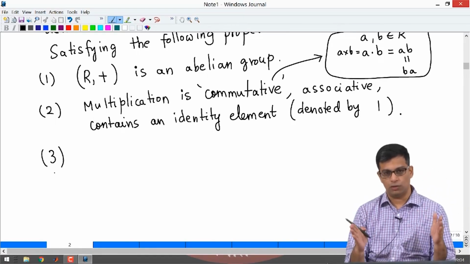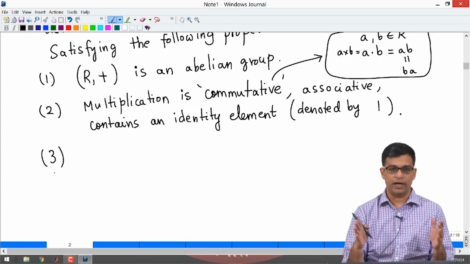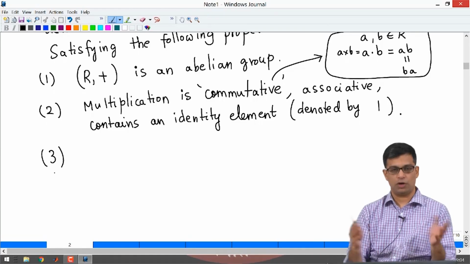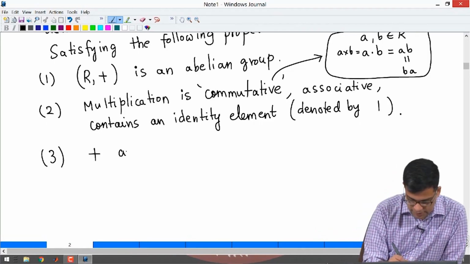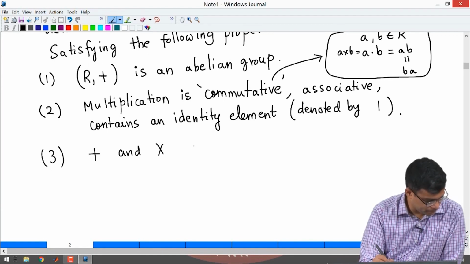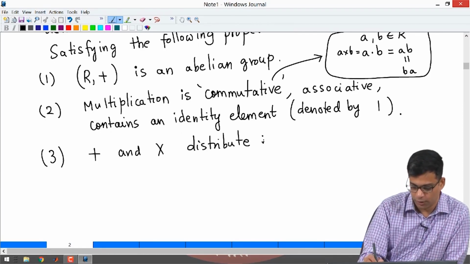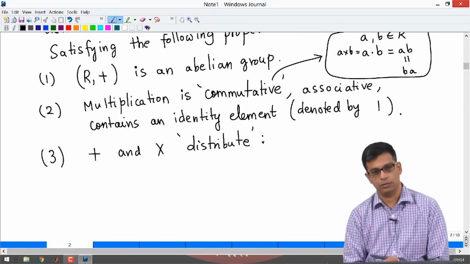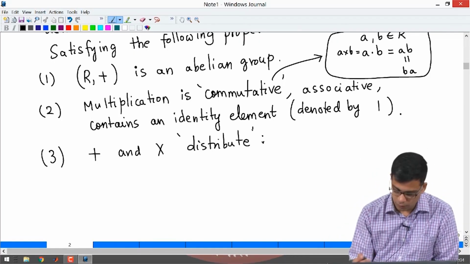And the third property is very important. Anytime you have two operations on a set, you want these two operations to be well behaved with respect to each other; they should not be completely independent of each other. So, I will say that plus and times distribute. This is the usual distributive property of integers or real numbers or complex numbers. What is this?